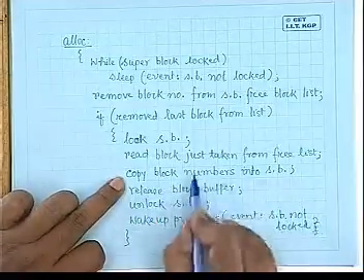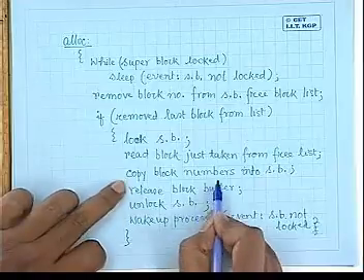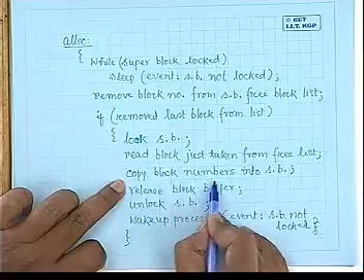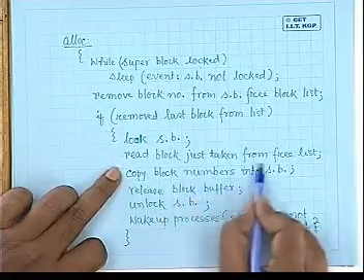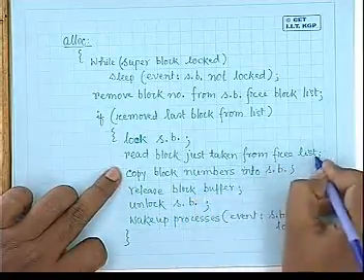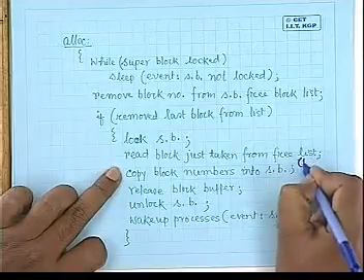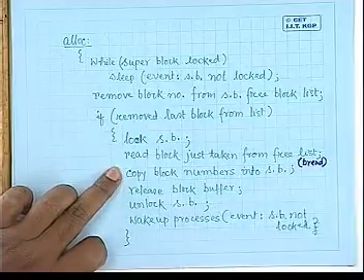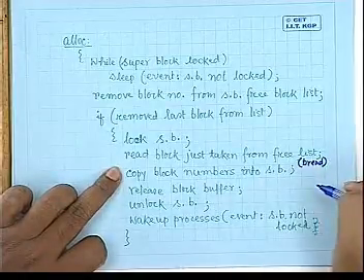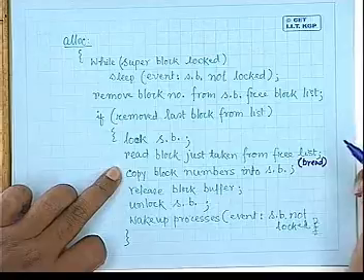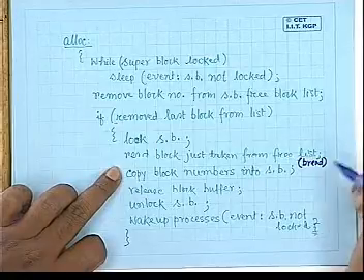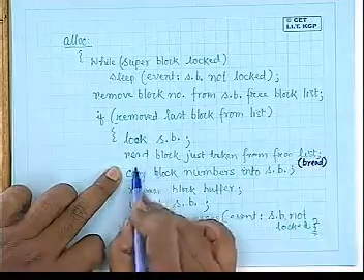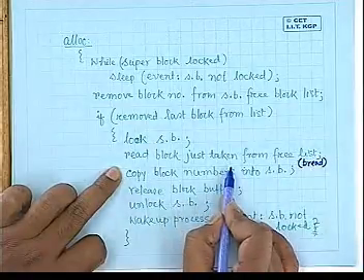And for doing this, obviously some buffer was allocated for this block, because this is nothing but a block read operation. So for reading the block just taken from the free block list, the algorithm that has to be invoked is the block read algorithm. Block read algorithm invokes the get block algorithm. You might have remembered that. So that get block algorithm gets a buffer for this block which is to be read, right?